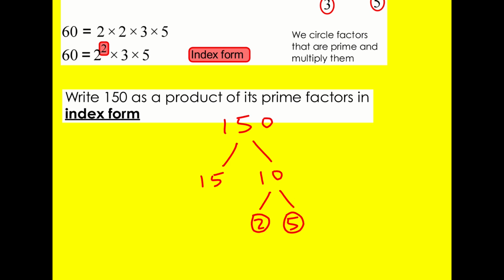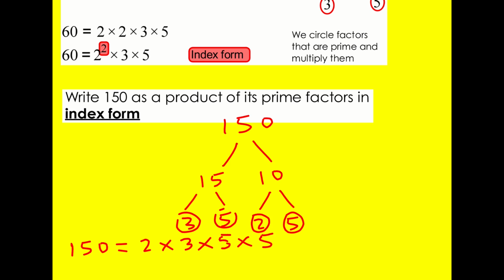It's just that immediately feels more complicated. And then for 15, we get 3 and 5, and these are also prime. So we're done. We can write down that 150 is equal to 2 times 3 times 5 times 5, or in index form, because that's what we're being asked for, 2 times 3 times 5 squared.